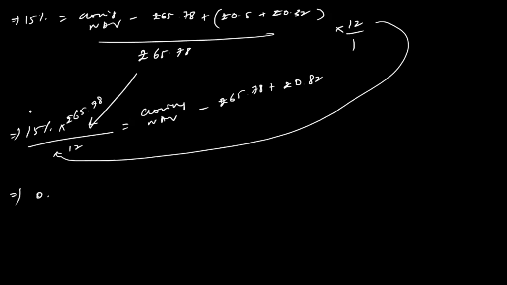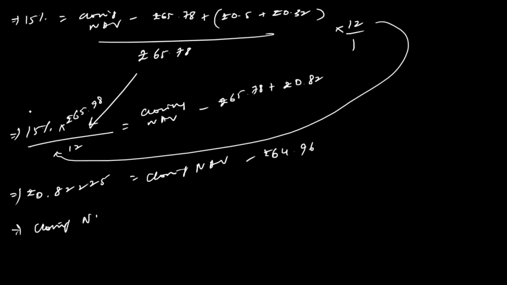We get 0.82225. That is closing NAV minus 65.78 plus 0.82, it is minus 64.96. Therefore, closing NAV is rupees 64.96 plus rupees 0.82225.